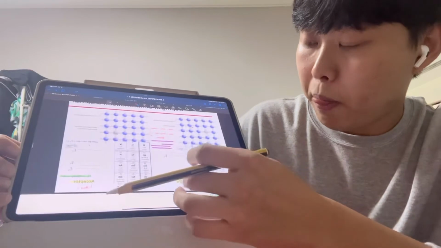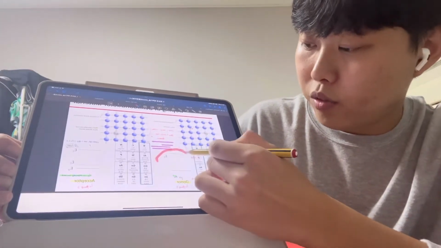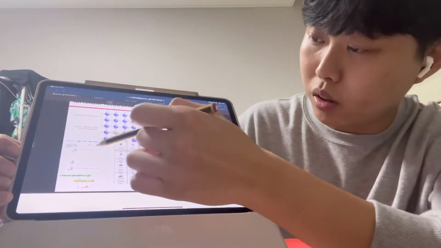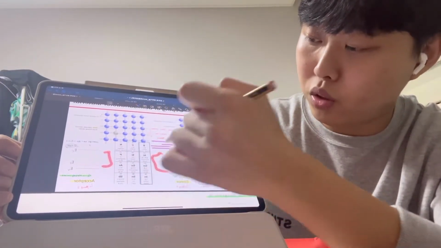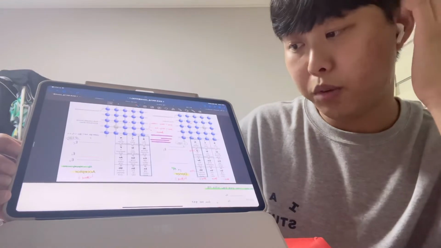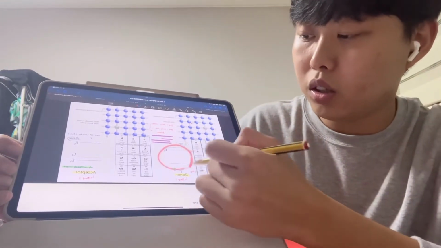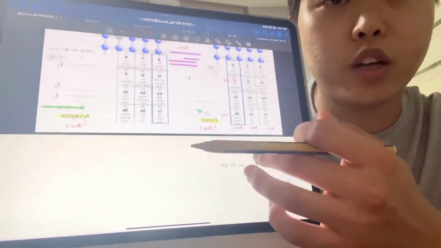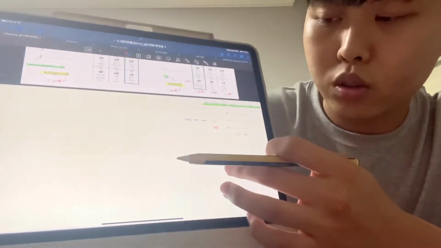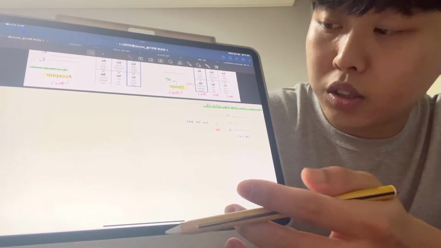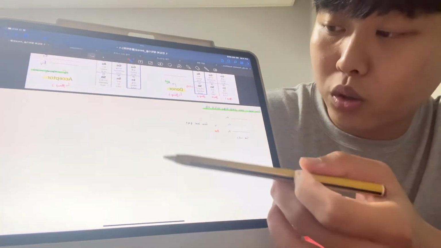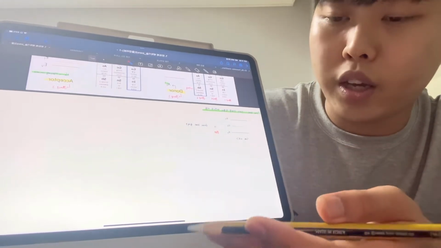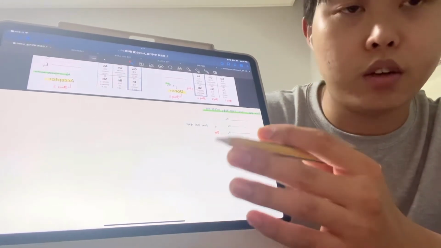And as you can see, there is a valence band, conduction band and Fermi energy level shown here with two diagrams. Before I start explaining it, you need to know what the Fermi level is. The Fermi level is the position where the electron can exist with a probability of 50%.